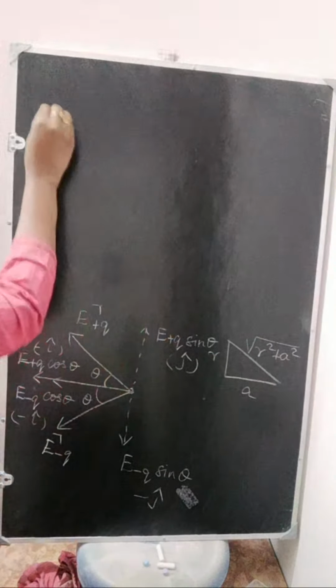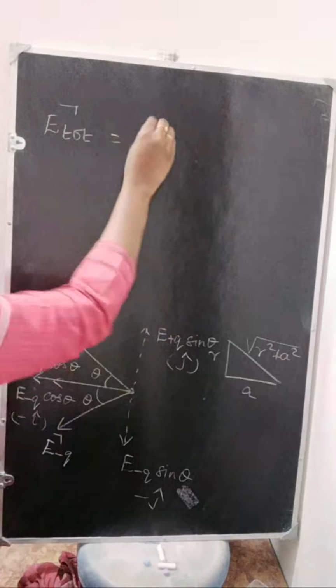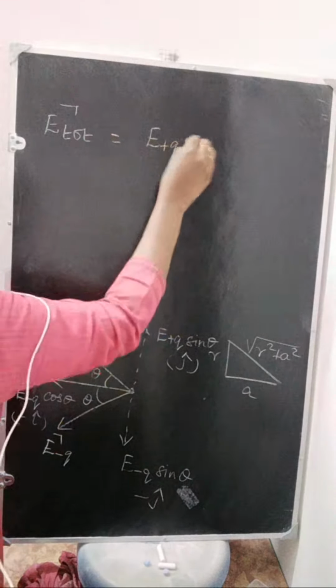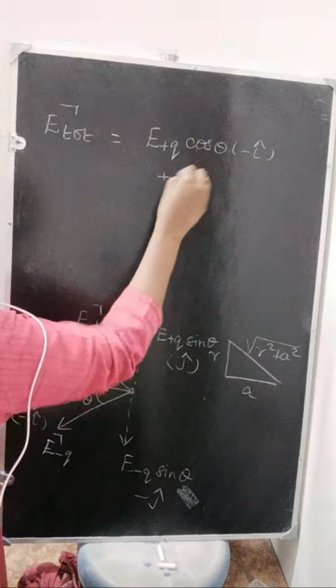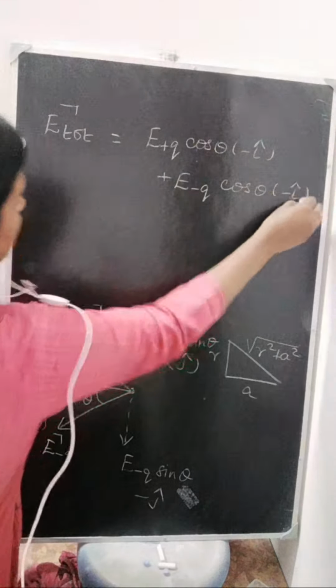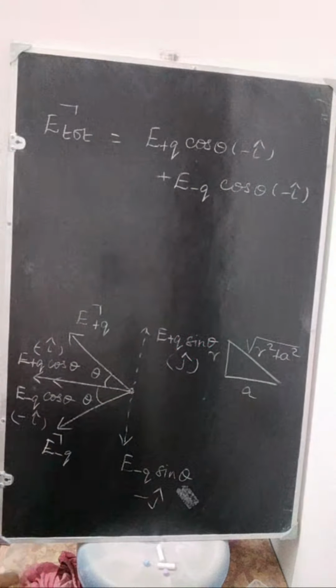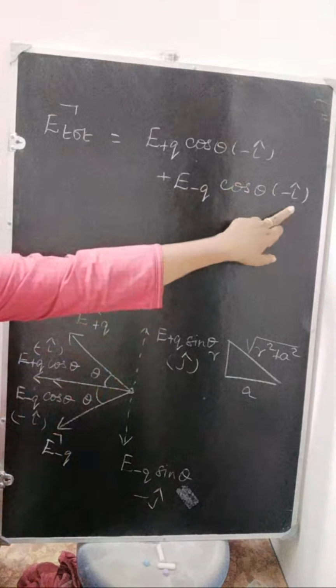So what is E total? E total will be the sum of E plus Q cos theta into minus i cap plus E minus Q cos theta into minus i cap.